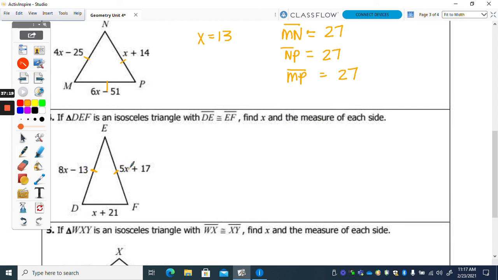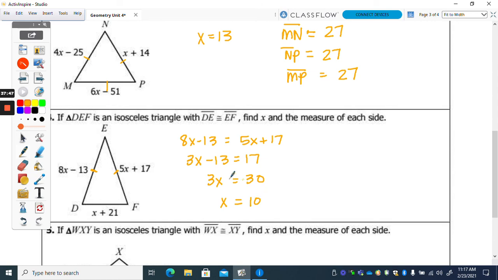So in order to find x, I'm going to put these two sides equal to one another because they are congruent. 8x minus 13 is equal to 5x plus 17. Subtracting 5x from both sides, that gives me 3x minus 13 is equal to 17. And adding 13 to both sides, 3x is equal to 30, and x is equal to 10.